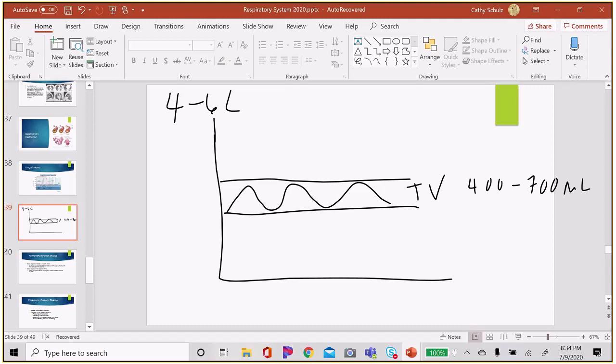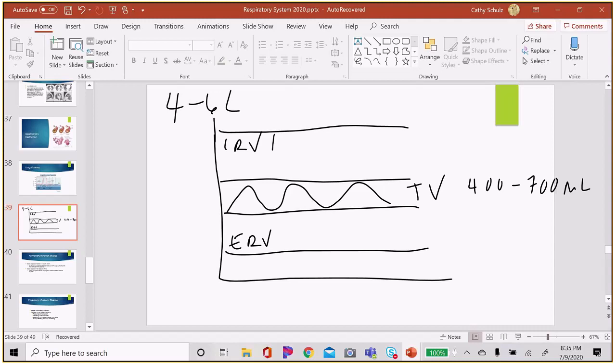We're supposed to have some extra just in case needs increase. So we have an inspiratory reserve volume and an expiratory reserve volume. We can increase our lung expansion and increase our expiration as needed. This is our inspiratory reserve volume, and this is our expiratory reserve volume.